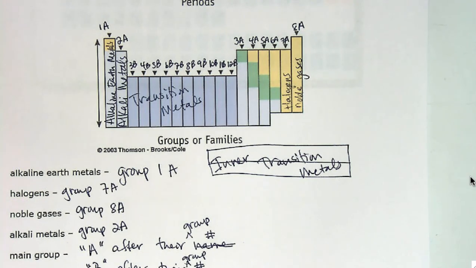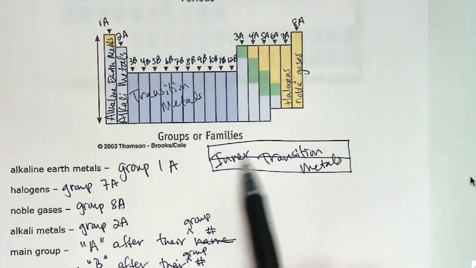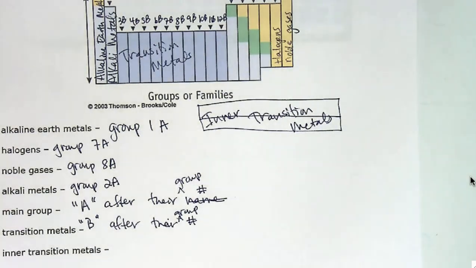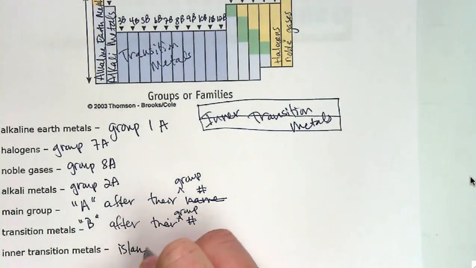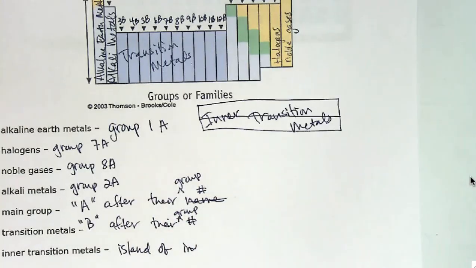They have to work at the hospital because if you ordered a particular drug that was radioactive by UPS, even if you ordered it overnight, by the time it got shipped to you, it's not going to be that original element or whatever radioactive element in this compound. So the intertransition metals, a lot of times, are unstable. So that's why that island of instability. So I'll put island of instability. Oops.